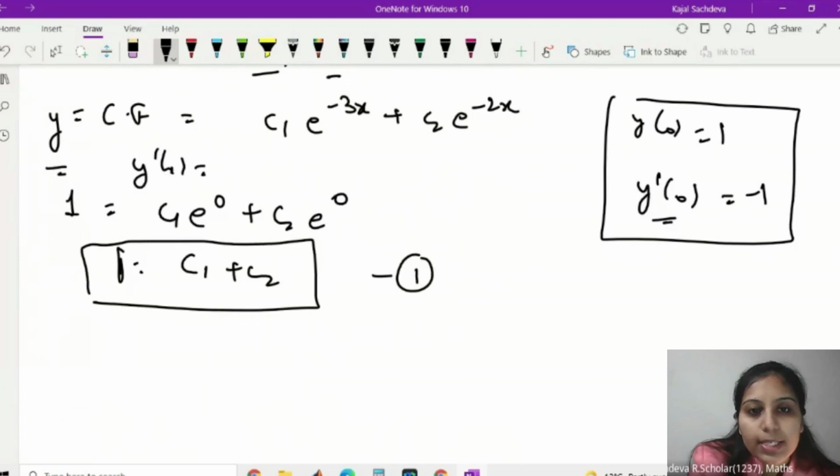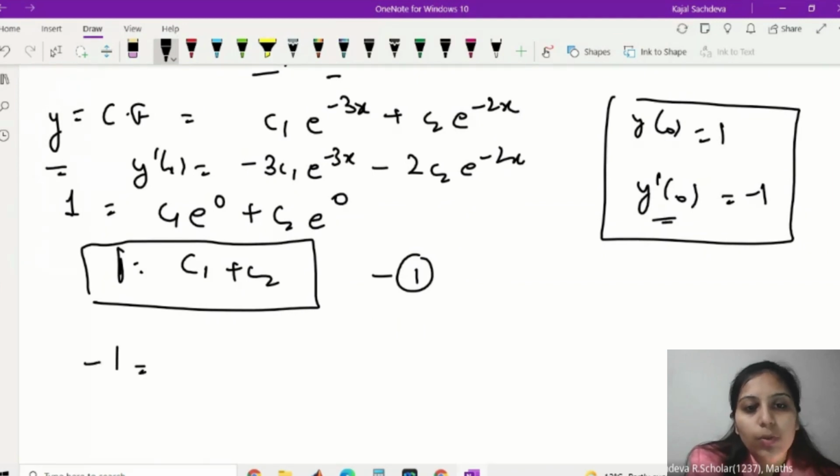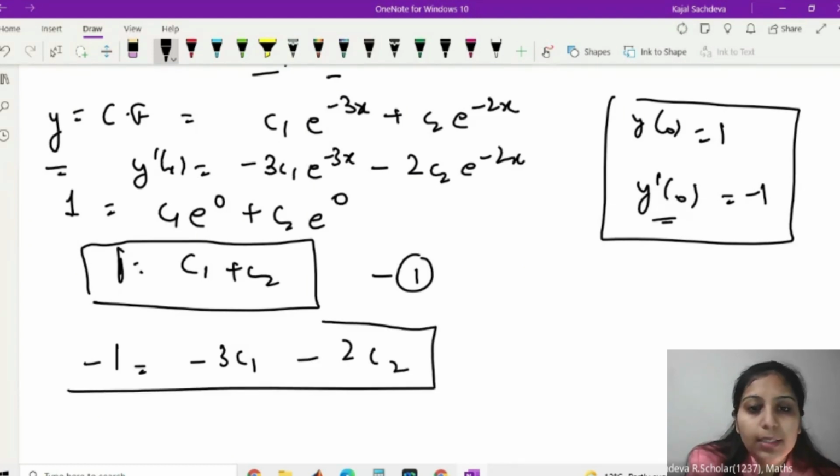So y dash x is equal to minus 3C1 e raised to power minus 3x minus 2C2 e raised to power minus 2x. So just put 0 and write minus 1. y dash is equal to minus 1 and put 0, e raised to power 0 is 1: minus 1 is equal to minus 3C1 minus 2C2. This is our second equation.